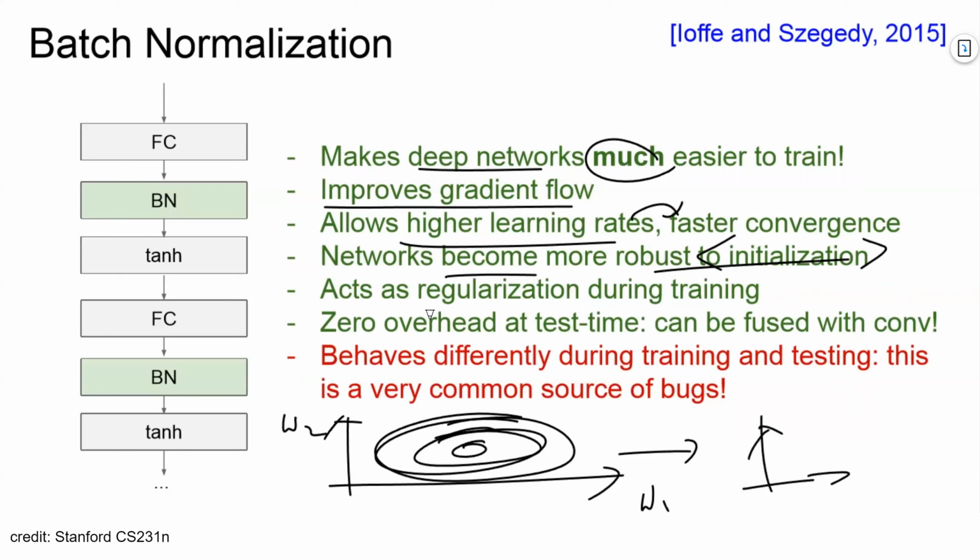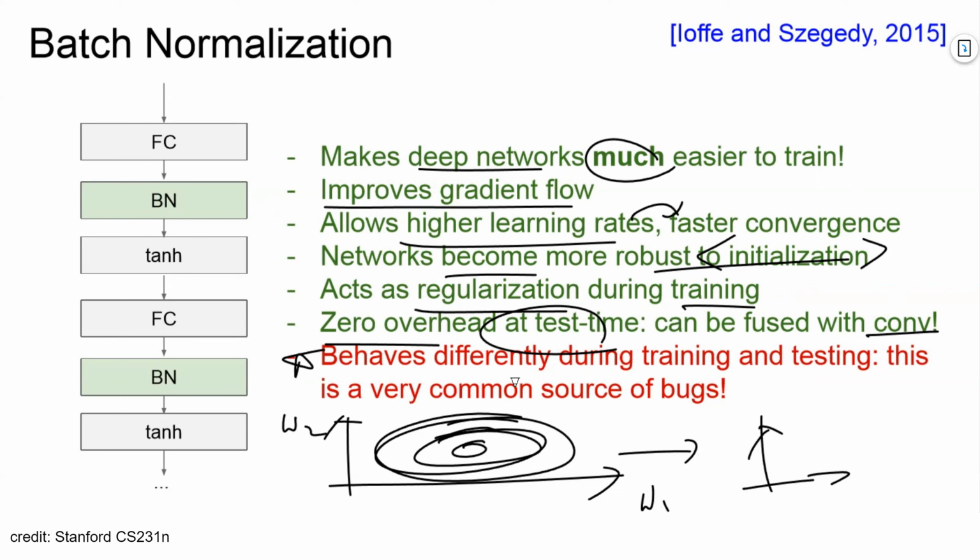It also acts as regularization during training and has zero overhead at test time. Because it becomes a linear operator, we can fuse these batch normalization layers with other convolutional or fully connected layers. And this is important. I am mentioning this multiple times.